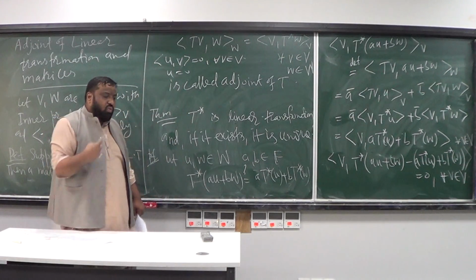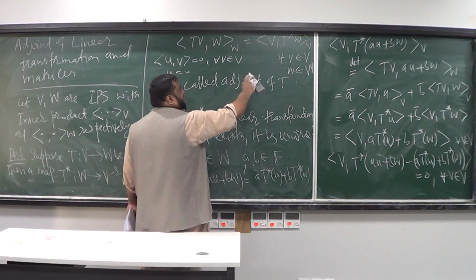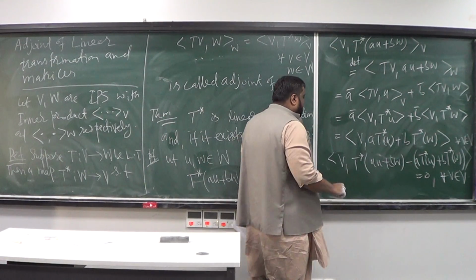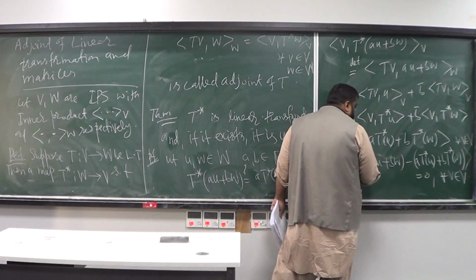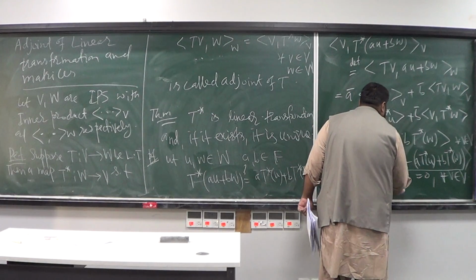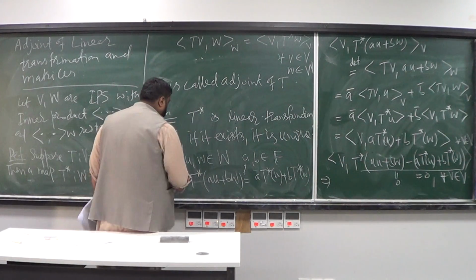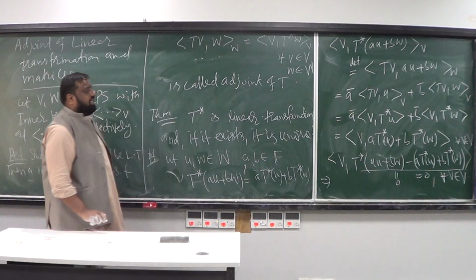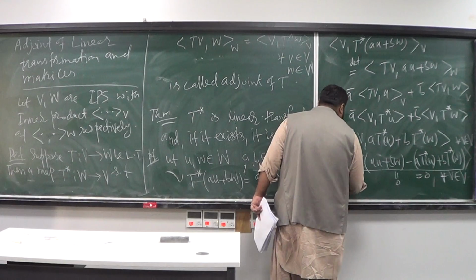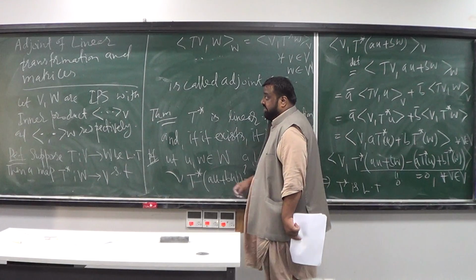Because there is only one vector for a given inner product space which is orthogonal to every single vector. So if this is true for all v in V, this quantity must be equal to 0. And once this quantity is equal to 0, you got what you want. And this shows that T star is a linear transformation.